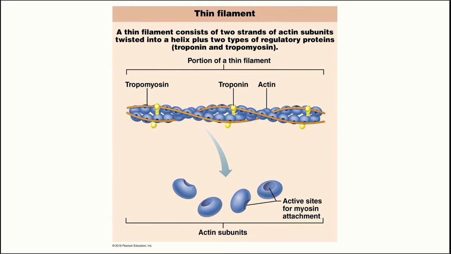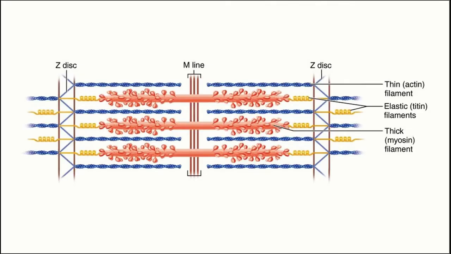We'll see where these come into play a little bit later. So the thin filament is constructed from two strands of actin proteins twisted together, along with tropomyosin and troponin, which are regulatory proteins associated with that thin myofilament.